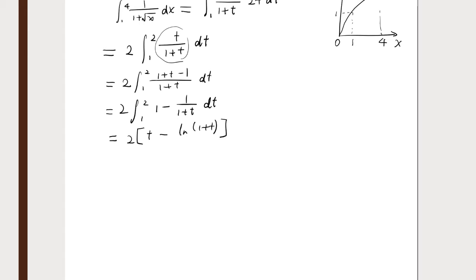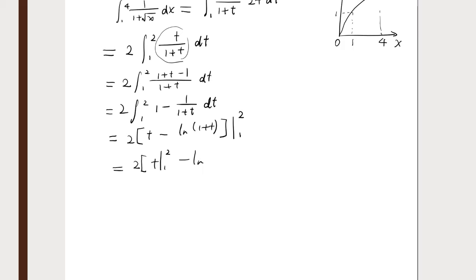The indefinite integration part is done. So now we need to apply the feature of the definite integration, which is the integration range from 1 to 2. Okay, so let's try this one. For t, we have 1 and 2, right?